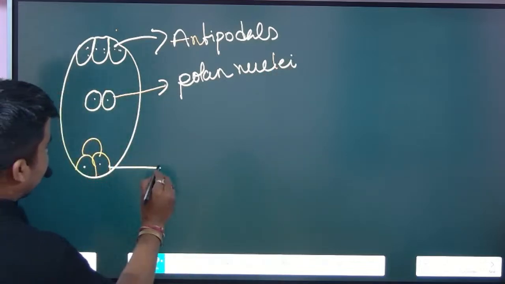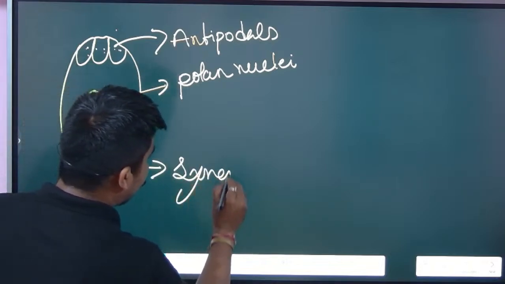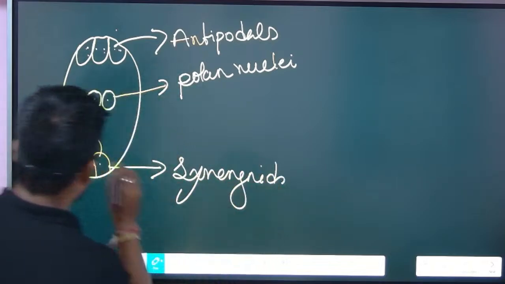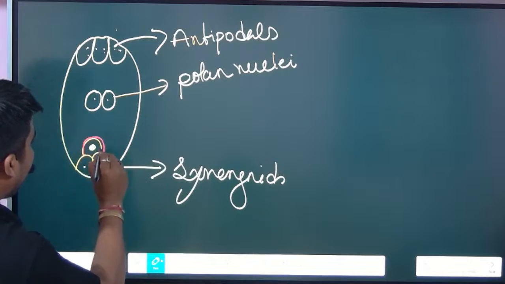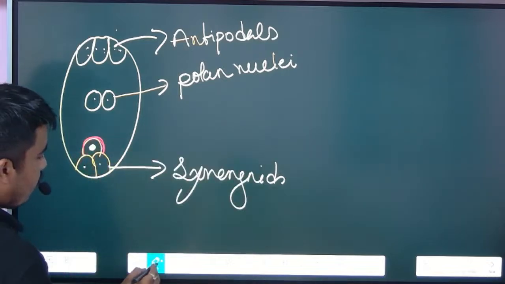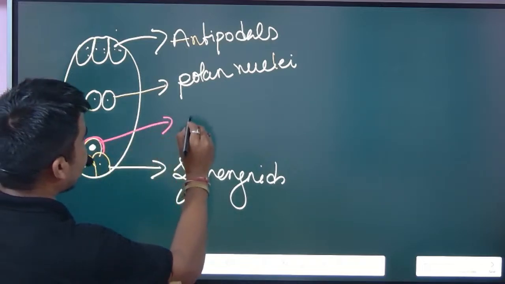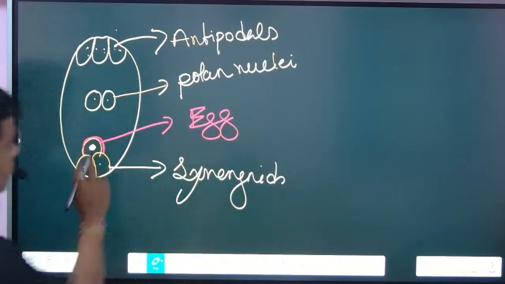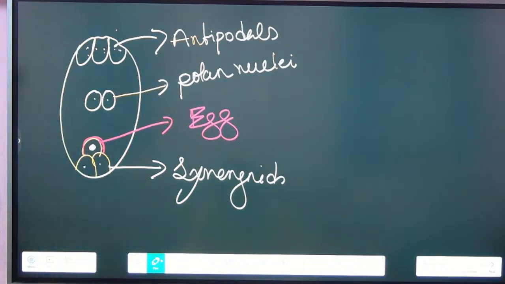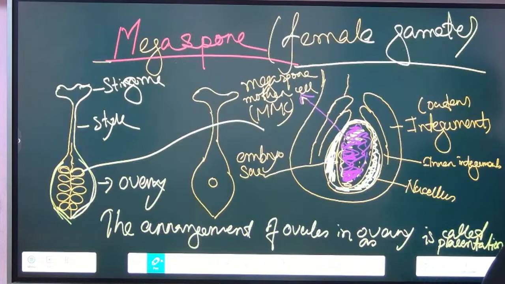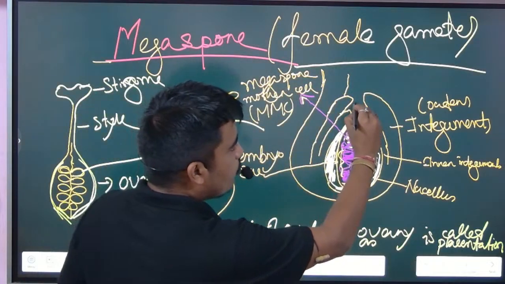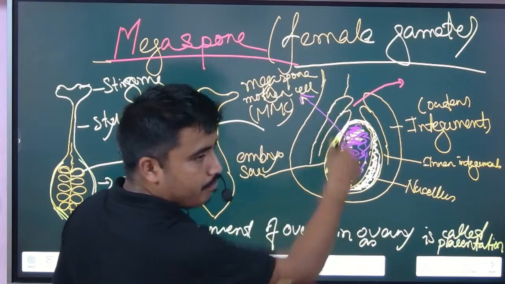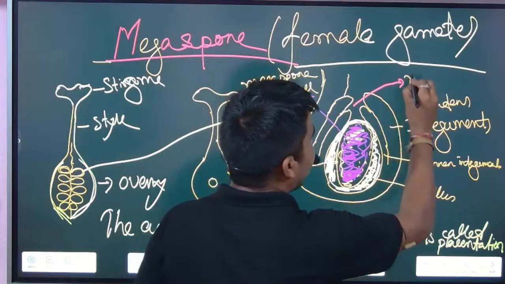And these are called synergids. And this one is our main portion, which is called the egg. So this is one thing. This portion, the gap, is called the micropylar region. It's called the micropylar region.